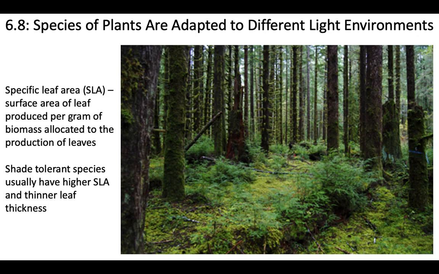If you're growing in the shade, you don't get a lot of sunlight, but you want to be able to absorb as much sunlight as comes into that environment. So they'll have higher chlorophyll content, and they also might have higher SLA. So they'll have broad, wide leaves that increase their surface area exposed to sunlight when they get sunlight.